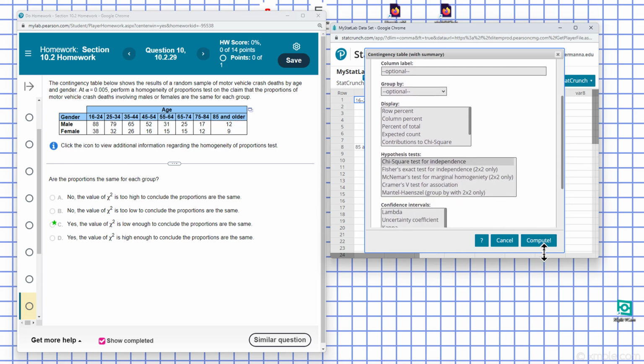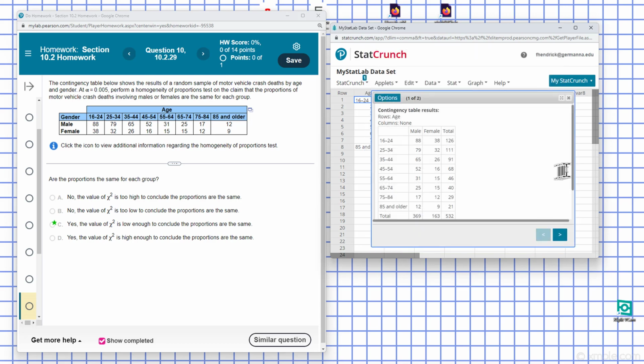Chi-square test for independence, and I hit compute. And there's our test statistic there.